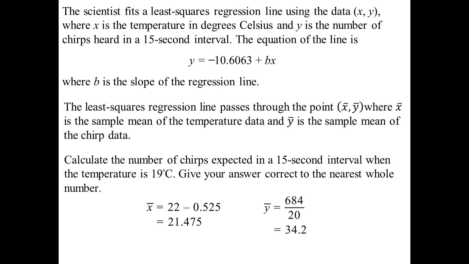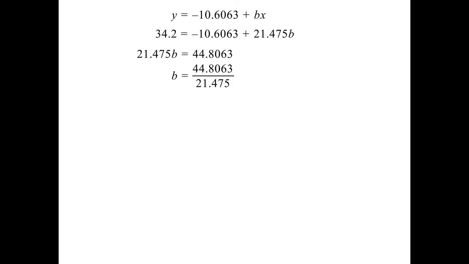We now know x bar and y bar. We know the regression line, and just in case we forgot, they told us it goes through x bar, y bar. So we now know a point on the regression line. Well, hang on, if we know a point and they've given us the equation, we can sub that point in and work out b. So we sub that in and we work out b.